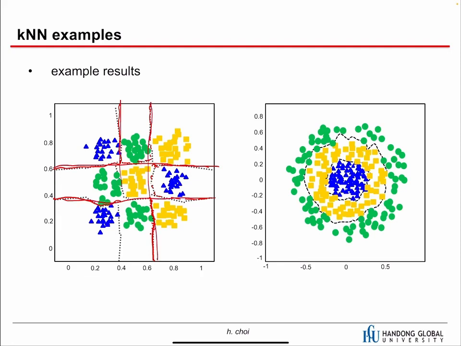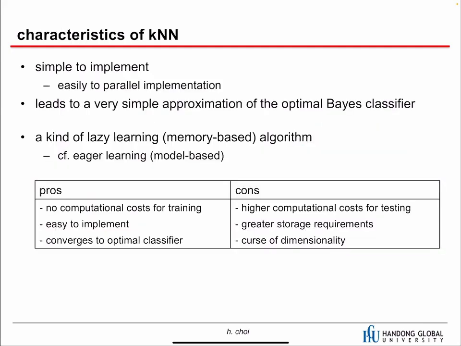A couple of linear lines would be enough to classify. But in this case, the linear lines are not working here. But even in this case, KNN can work great. So KNN is quite simple, but it works great.